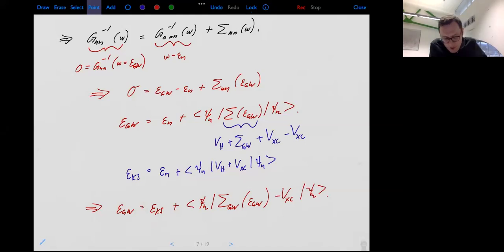What's nice about this equation is that it starts with the Kohn-Sham energies, which we know aren't really physical things, and you can correct these to get true quasi-particle energies. So that is a very useful equation, and maybe a little bit magical, to turn something non-physical into something physical.